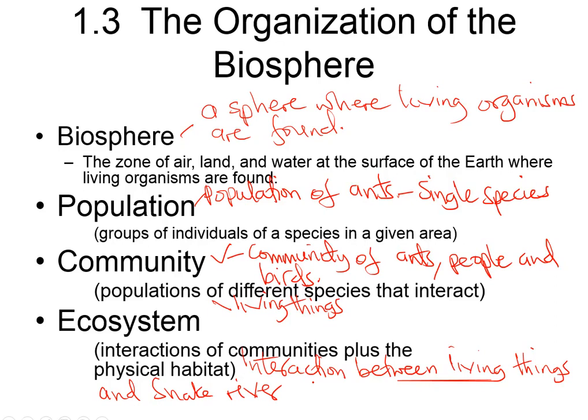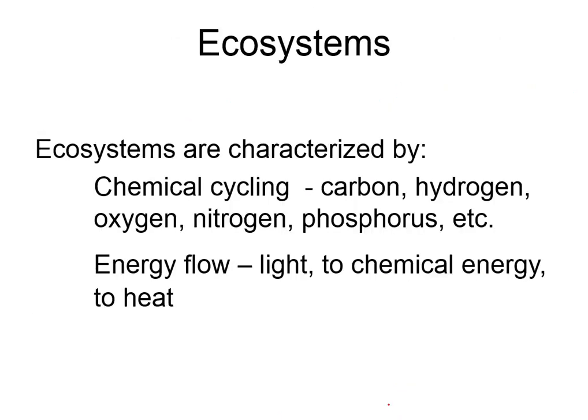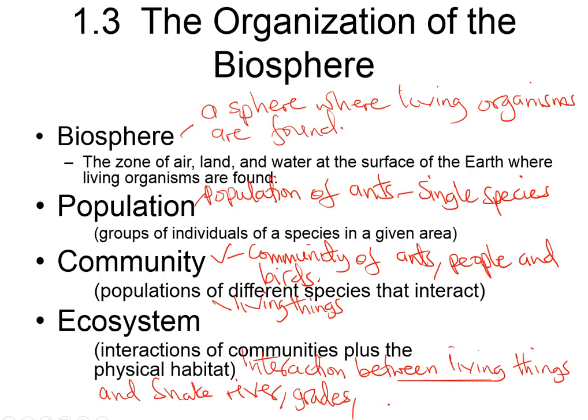So Snake River is a habitat, it's part of our ecosystem. And also maybe the grades, like Lewiston grade, the Palouse, and the like, all those are an ecosystem. Roads, mountains.